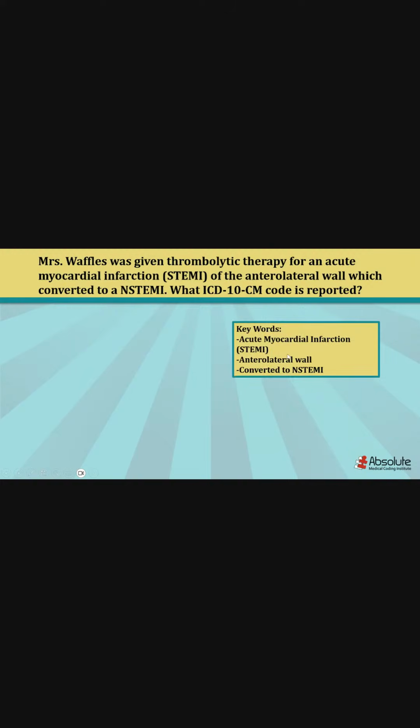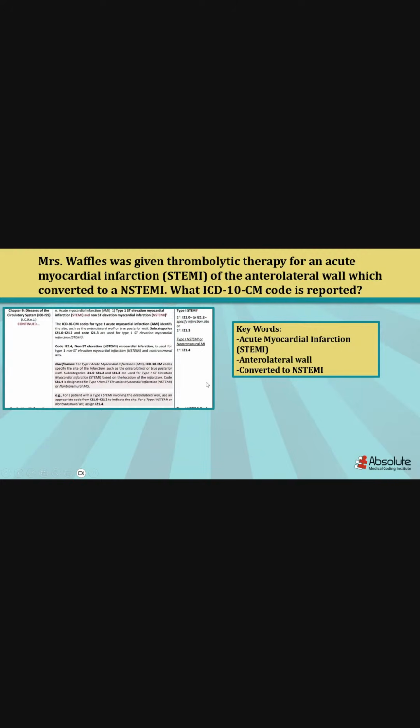So our keywords that we took out of there are going to be our acute myocardial infarction, specifically STEMI, and then our anterolateral wall, and then obviously converted to the NSTEMI. And everyone was outstanding finding the guideline. And this is what it's going to look like specifically in the manual.